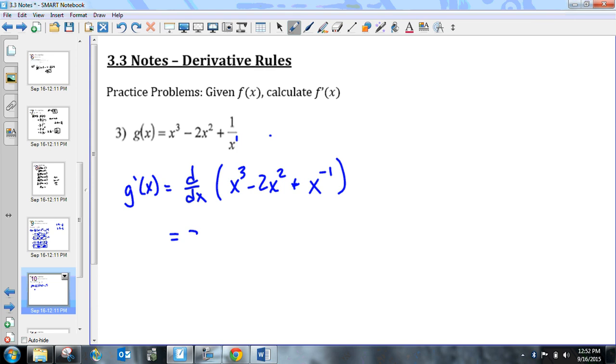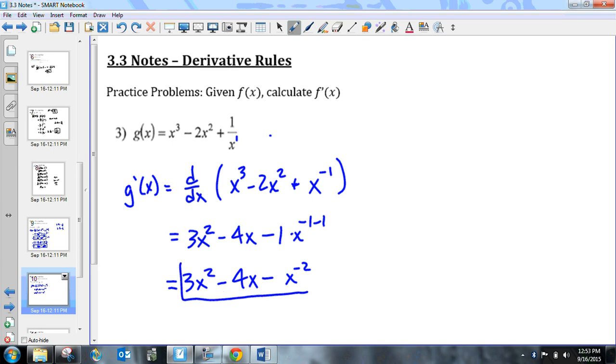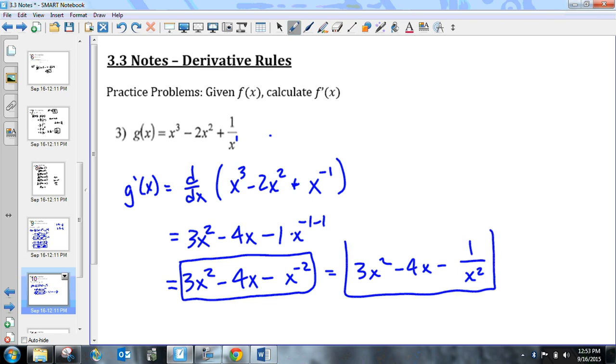So now I've got 3x squared minus 4x minus 1 times x to the negative 1 minus 1 power, which is going to give me 3x squared minus 4x minus x to the negative 2. This is sufficient. This is reasonable. However, you can simplify this, and you can get 3x squared minus 4x minus 1 over x squared. This is probably preferred on this one. It really just depends on the function, guys.